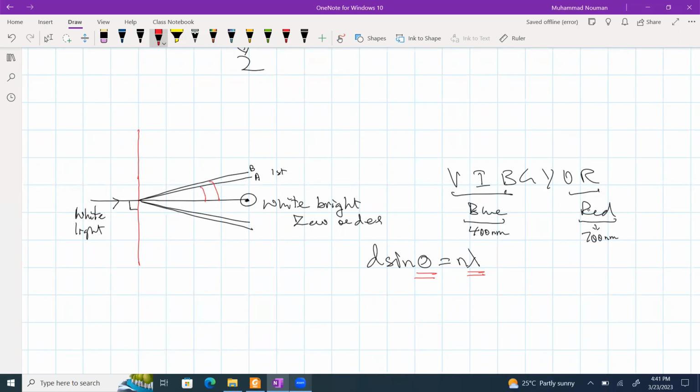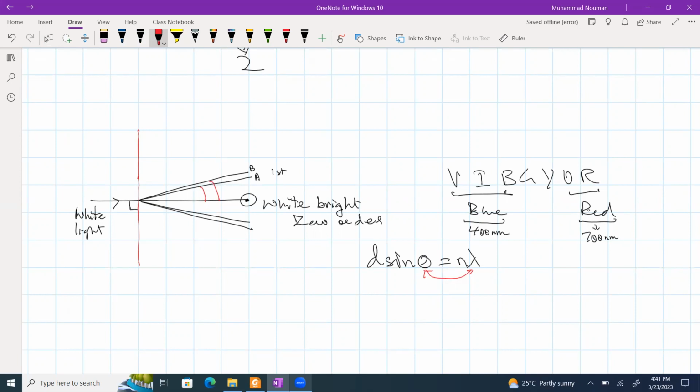Tell me one thing. Does A have a smaller angle or larger angle than B? Smaller angle. Okay. So this theta and this lambda are directly related or inversely related? Directly related. Okay.